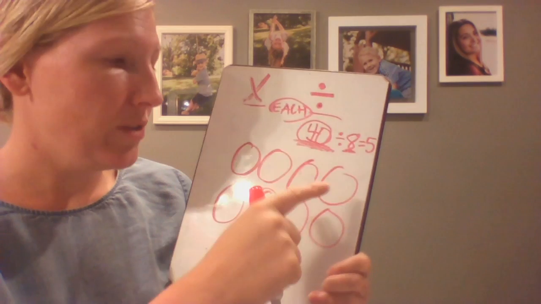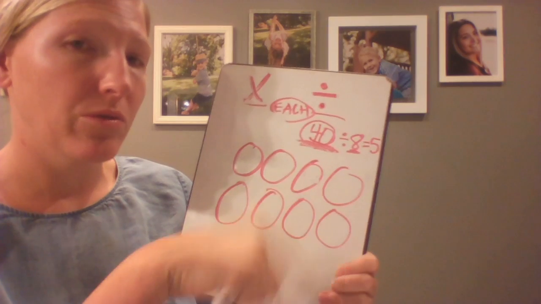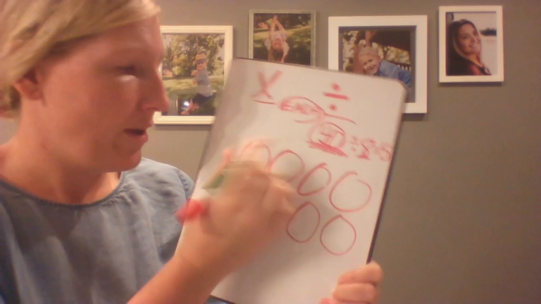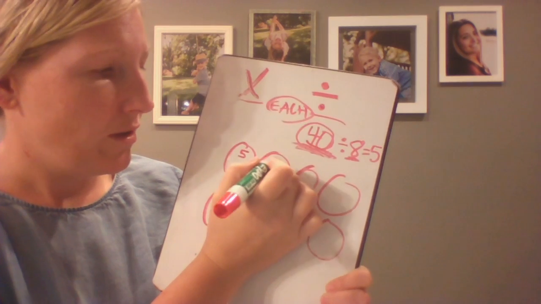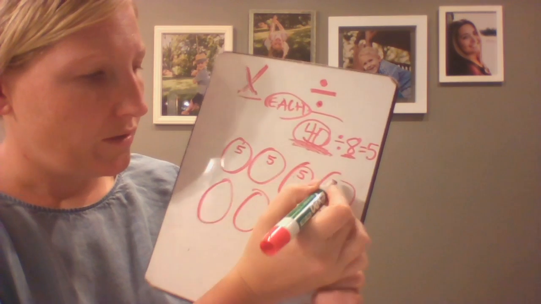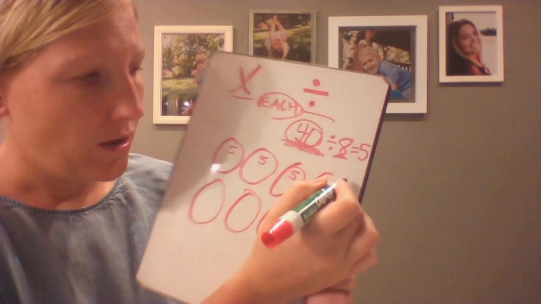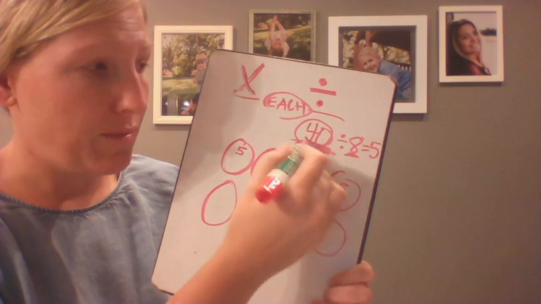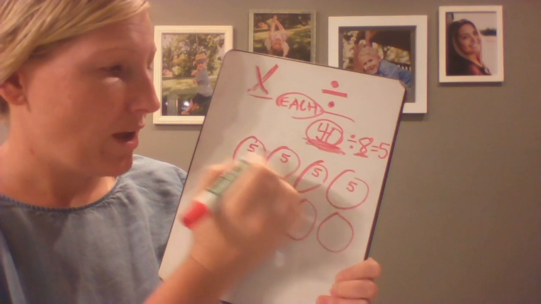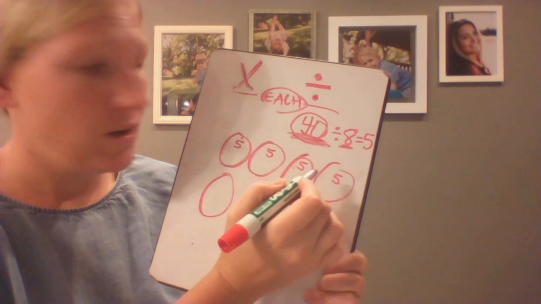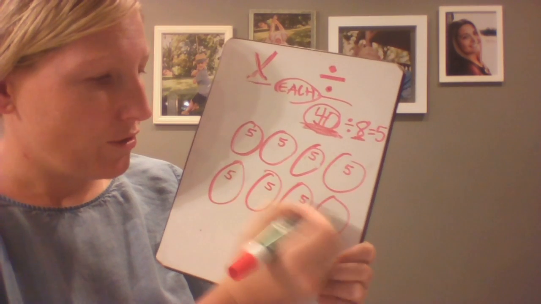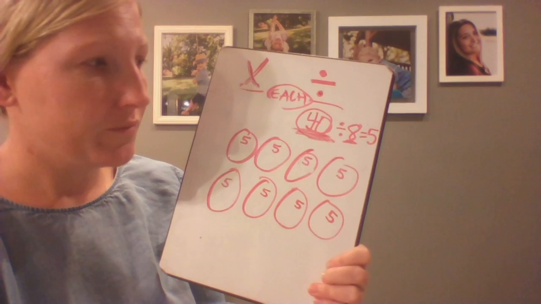The next thing I usually like to try is 5s because I'm also really good at counting by 5s. So now I'm going to sort out that 40 counting by 5s. 5, 10, 15, 20. Notice I'm putting 5s in each, but I keep counting up because I need to keep counting up to 40. So 5, 10, 15, 20, 25, 30, 35, 40.